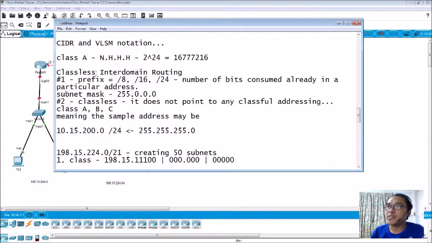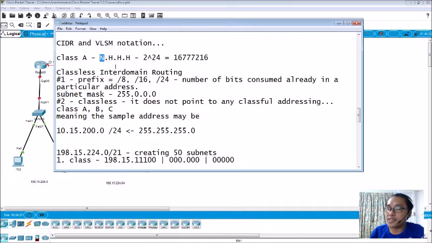So what makes CIDR different from subnetting? Number one, CIDR has prefixes. When we say prefixes, these are the number of bits already consumed in a particular address. For example, if we are referring to class A, we have already consumed 8 bits from there.